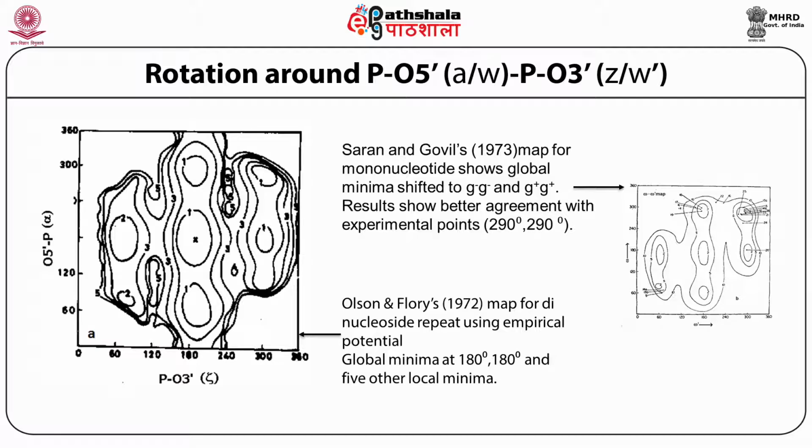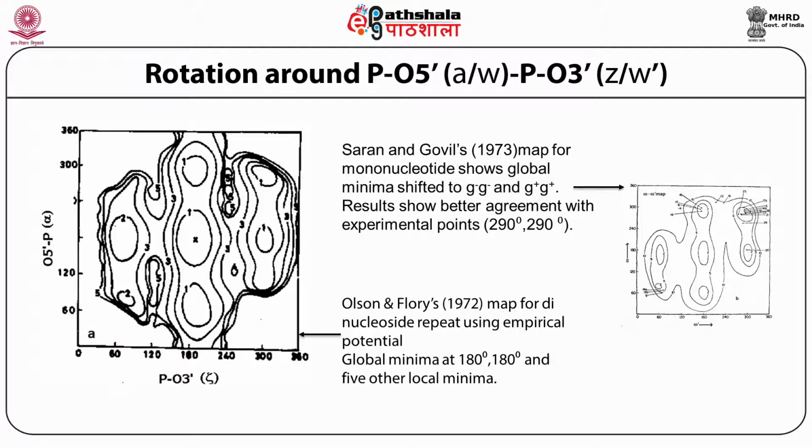The maps look different because the potential energy function, the methodology, and the models are different. For example, in Olson and Flory's map, they used an empirical potential and the dinucleoside monophosphate model, whereas in Sasisekharan and Govil's map, they used a mononucleoside and also an empirical potential.